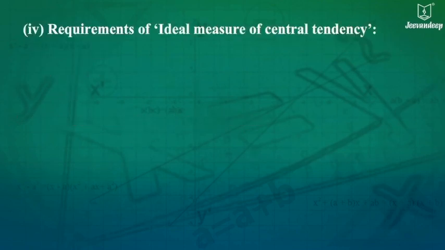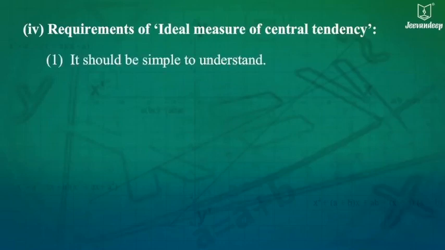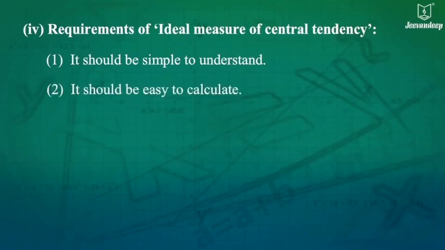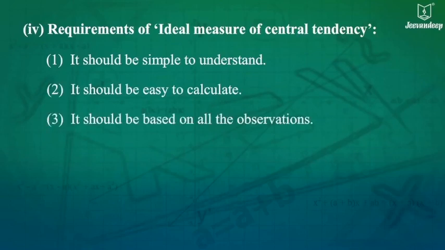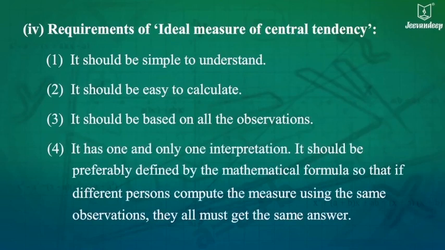Requirements of ideal measure of central tendency. It should be simple to understand. It should be easy to calculate. It should be based on all the observations. It has one and only one interpretation.